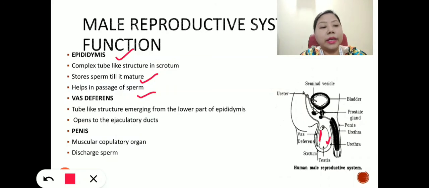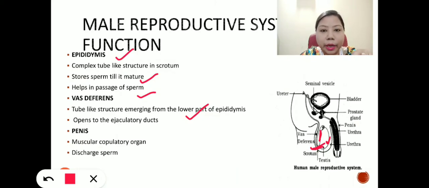Lying next to the epididymis is the vas deferens. The vas deferens is also a tube-like structure, and it emerges from the lower part of the epididymis. Here you can see that it is arising from the lower part of the epididymis.